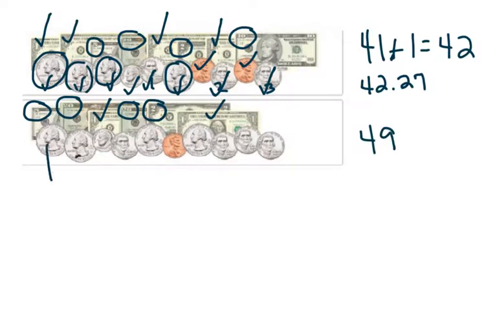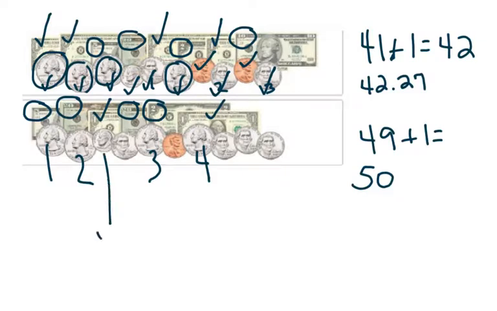Well, I have 1, 2, 3, 4 quarters. That's going to put another $1 on there, so I'm up to $50. And then I start looking at my dimes. So there's 10 cents right there. Then I've got some 5s. I got some nickels, so we're counting by 5. So we start with 10 because we have 10 cents.